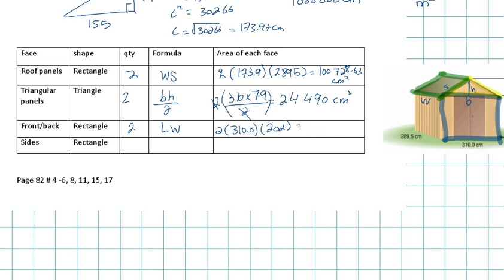And last but not least is the sides. It's also 2 of them, length times width, and that would be 2 times 289.5 times 202, which is equal to 116.95.